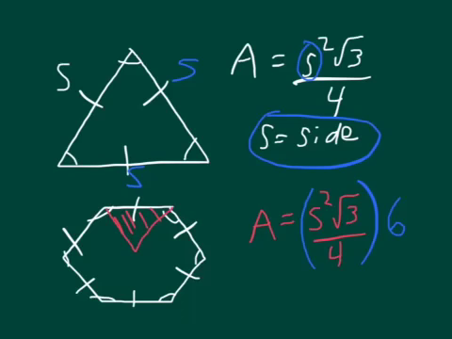Now, when you come down here to look at the regular hexagon, you want to find the area of one of those triangles, and then you plug it in here: side squared √3 over 4. That's an equilateral triangle, and you have 1, 2, 3, 4, 5, 6 of them. You just can't see them, but I can draw them in if you want me to. And then you multiply by 6 to get your answer. So those are 2 formulas, and hopefully they made some sense to you.